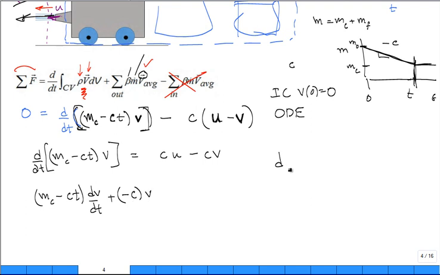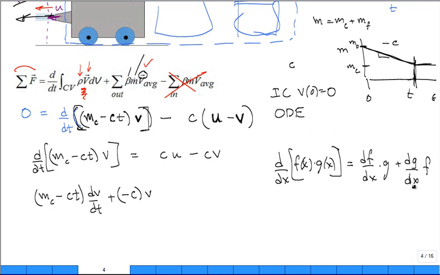If I need to differentiate f of x times g of x, in general, that's the derivative of f with respect to x times g plus the derivative of g with respect to x times f. True or false? And what was that called? Product rule. Yeah. There you go. Chain rule, product rule.